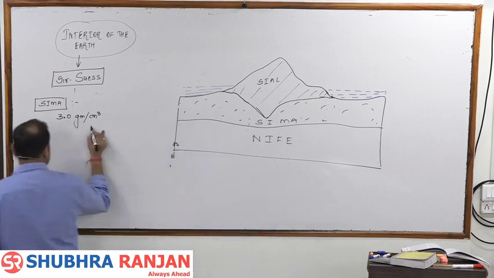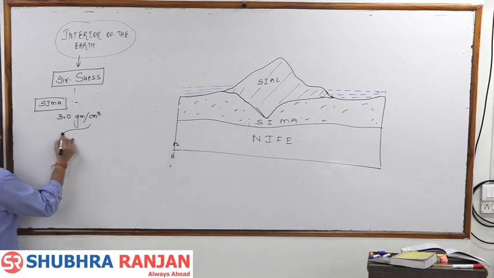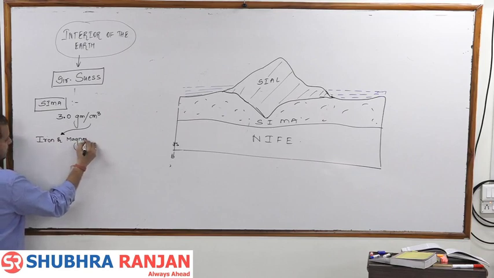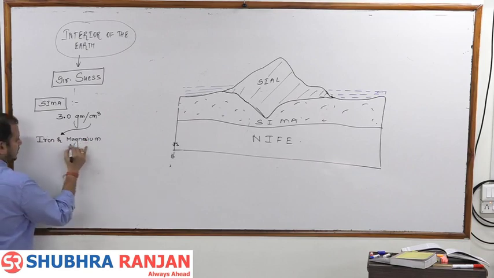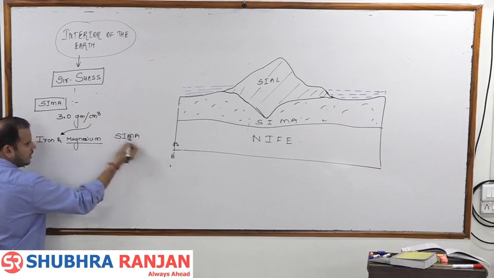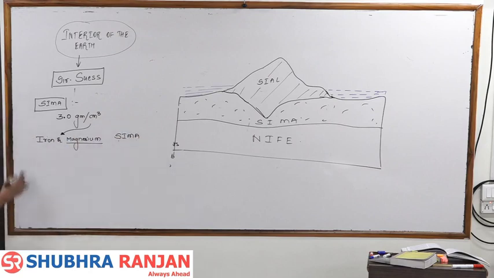Why? Because it has dominance of heavy minerals such as iron and magnesium. So because of magnesium, what are we calling it? Sima, silica and magnesium.